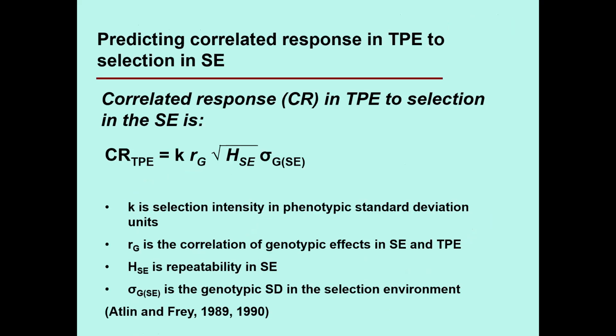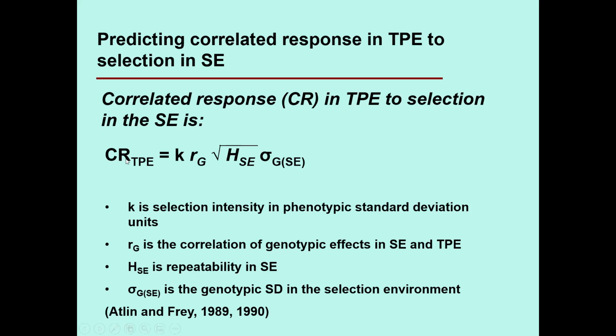There's a body of theory, pretty old, that allows you to predict correlated response in the TPE to selection in the selection environment. It's just the standard modification of the breeder's equation to explain correlated response to selection.